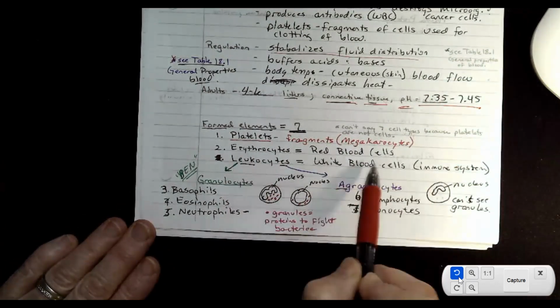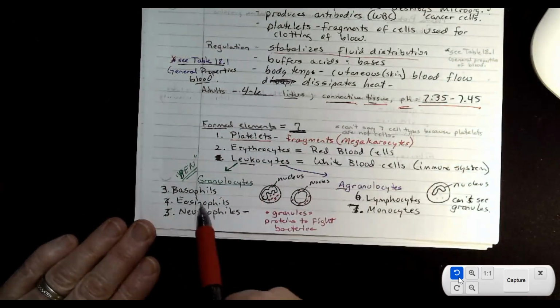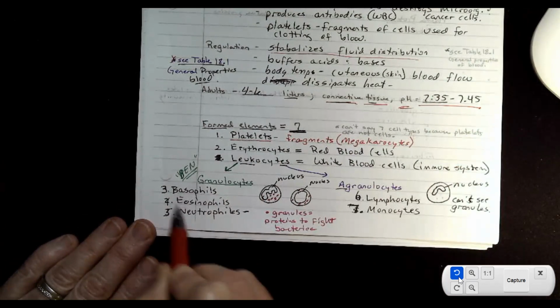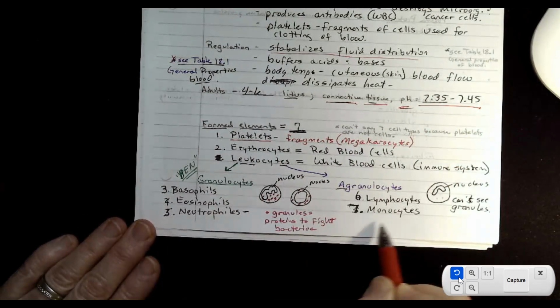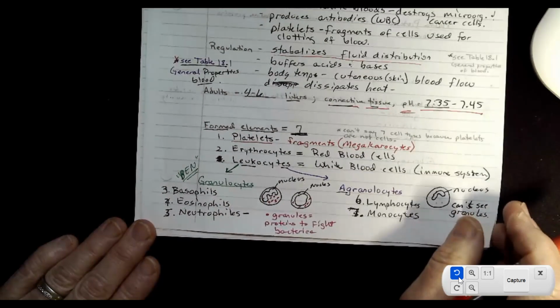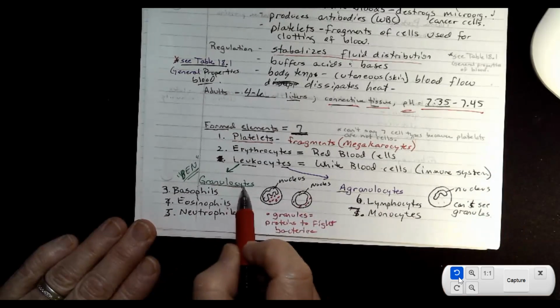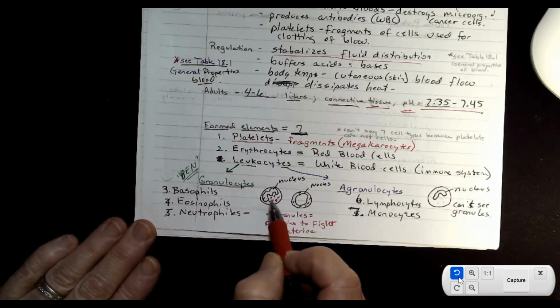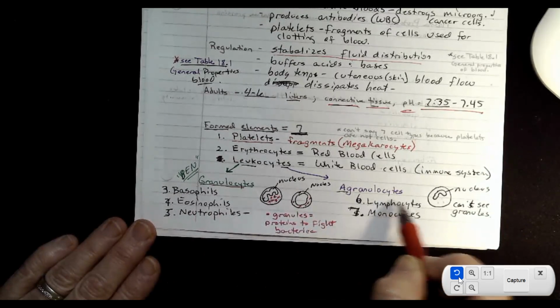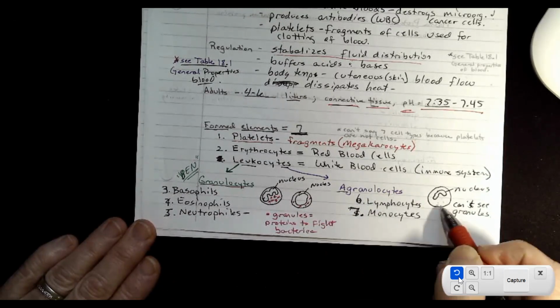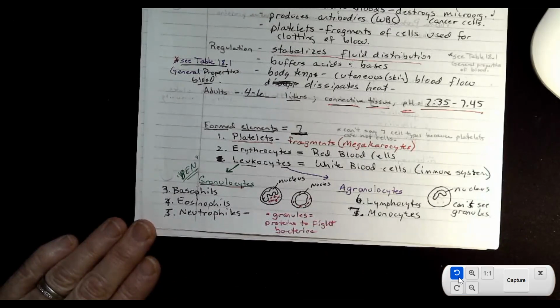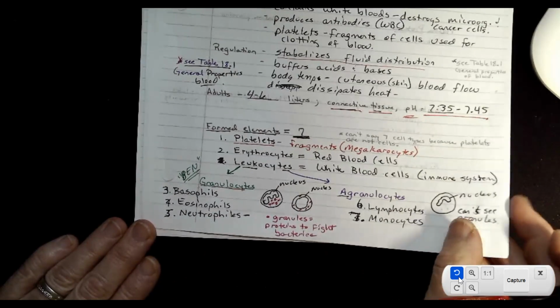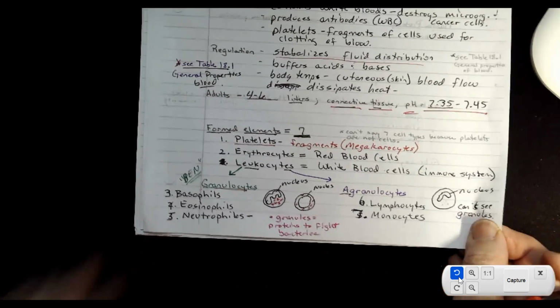The erythrocytes are the red blood cells, and leukocytes, there's 5 types as discussed: basophils, eosinophils, neutrophils, lymphocytes, and monocytes. They can be either granulated or agranulated. So granulocytes means that you can see the proteins in the cytoplasm. If they're agranulocytes, the proteins are not as visible. They're still there, but they're just not visible. And these are proteins to help fight bacteria.